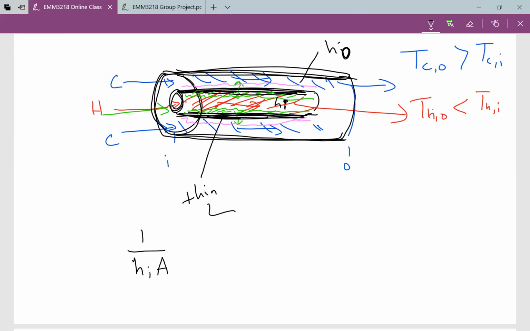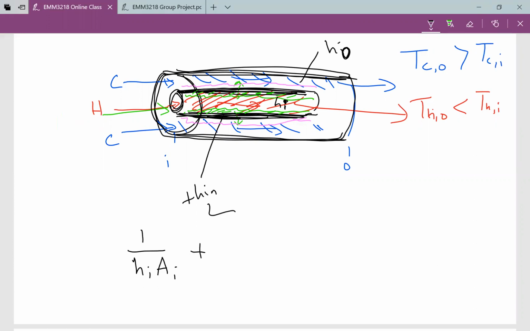If you need to have a Q, you need the area. So we're talking about the internal flow of that internal tube. So it's HIAI.